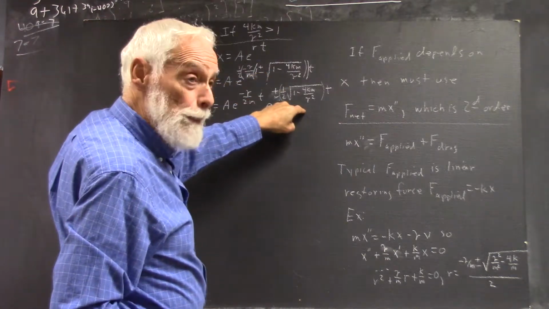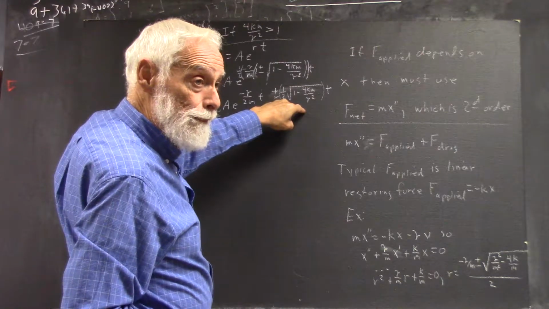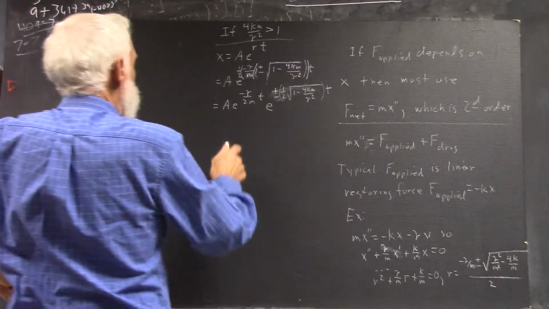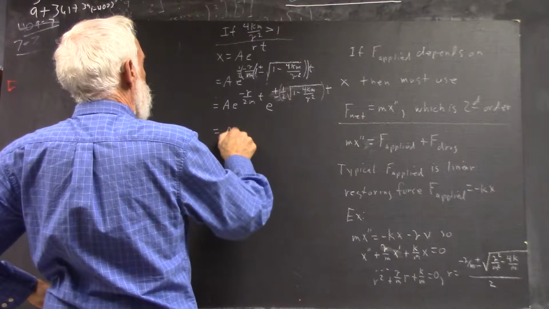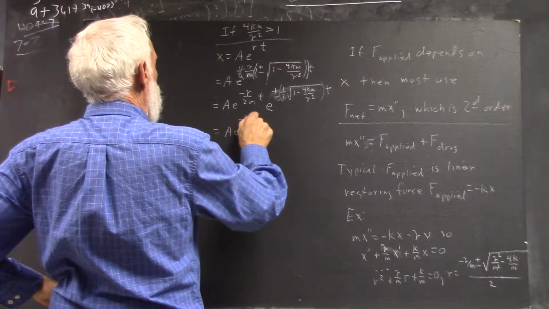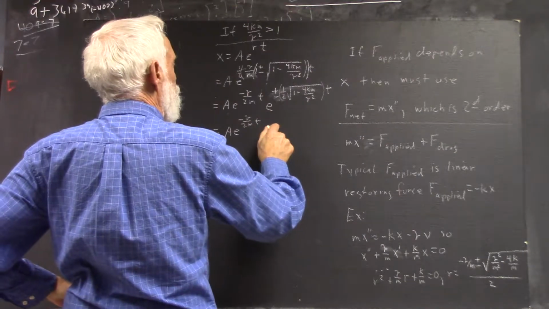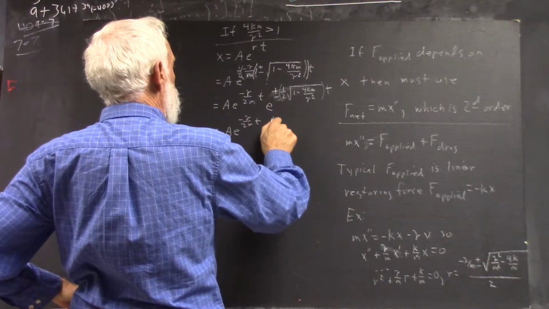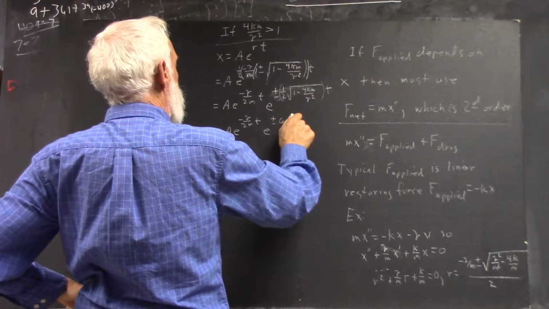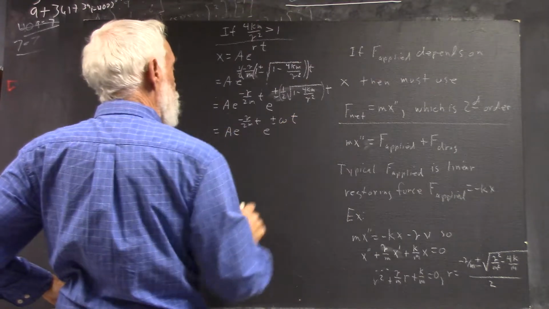If it's greater than 1, that makes this negative. Okay? And this equals A e to the negative gamma over 2m t times e to the plus or minus omega t.